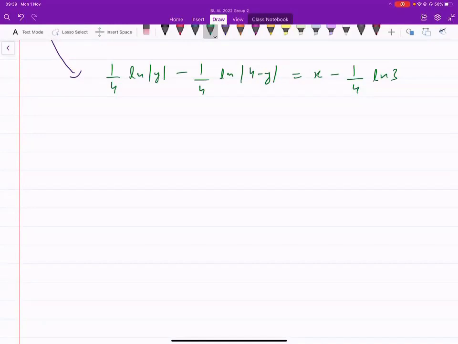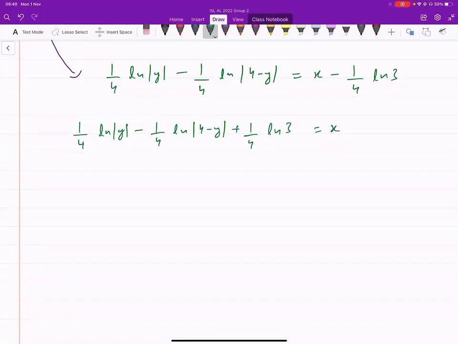Okay, so we take all log terms on one side, right? What happens if we do that? We get 1/4 into ln of y minus 1/4 into ln of 4 minus y plus 1/4 into ln of 3, that equals x.